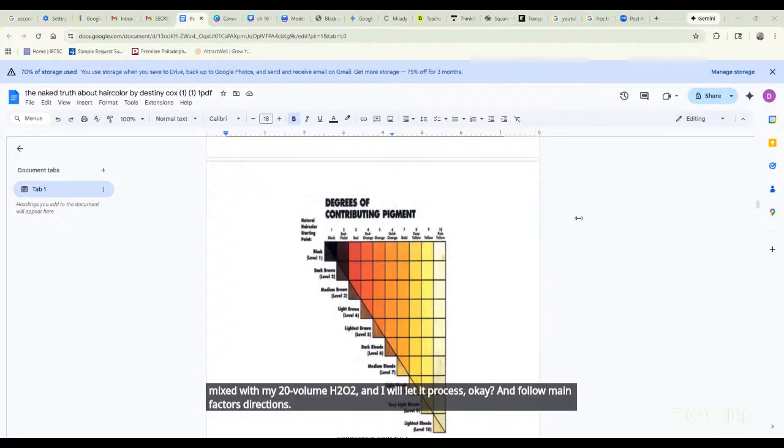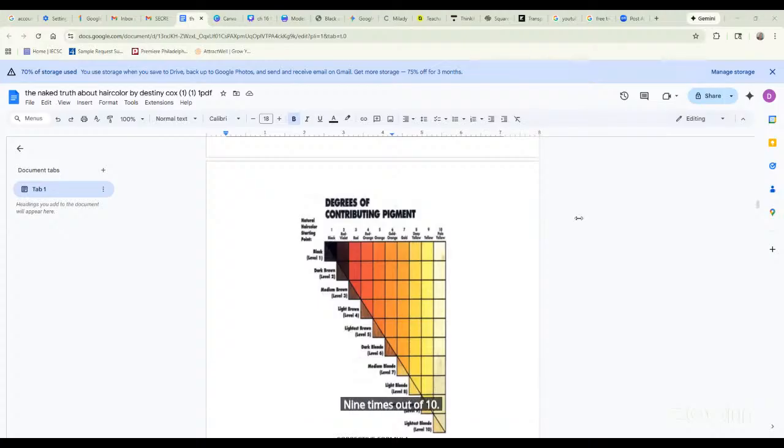9 times out of 10, most box colors, tube colors have about a 30-minute time span on them.